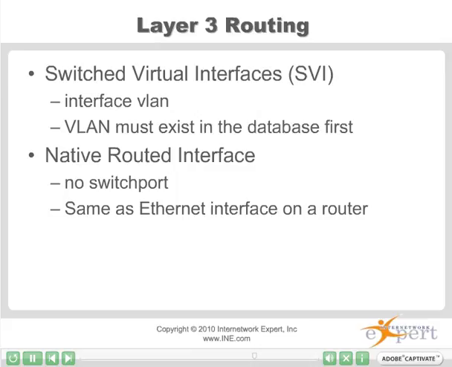This is where we can put, for instance, the default gateway address when we're having our multilayer 3560 route between VLANs. All we need to make sure is that that VLAN exists in the database, and this interface will magically come up and will allow routing between VLANs, again, using our local device as a default gateway.